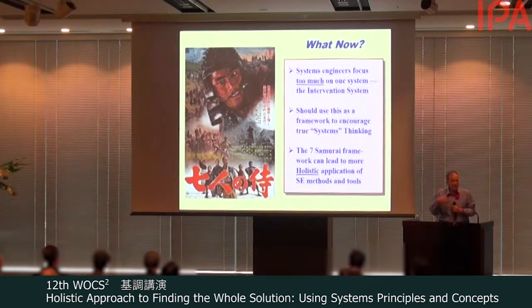So this 7 samurai is really just some principles and concepts. What you really need to do is build this into your standard methodologies engineers use, the methodology that your systems project teams will use. In many cases, the entire business needs to take account of all 7 samurai.